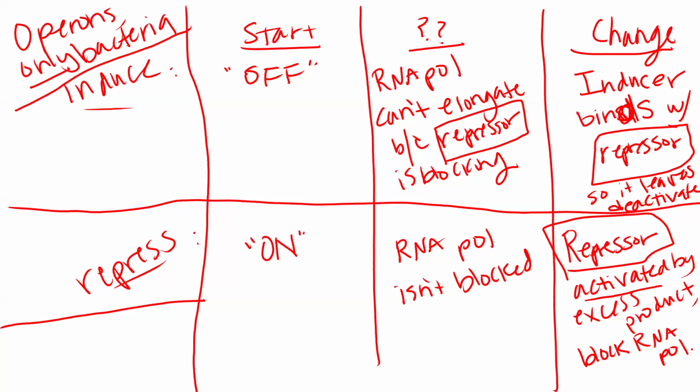RNA polymerase binds and starts its work at a promoter. I know we've said it before, but I just want to reiterate it. And then we have the repressor. Whether you are inducing or repressing your operon, the repressor always binds at a site right next to the promoter called the operator.